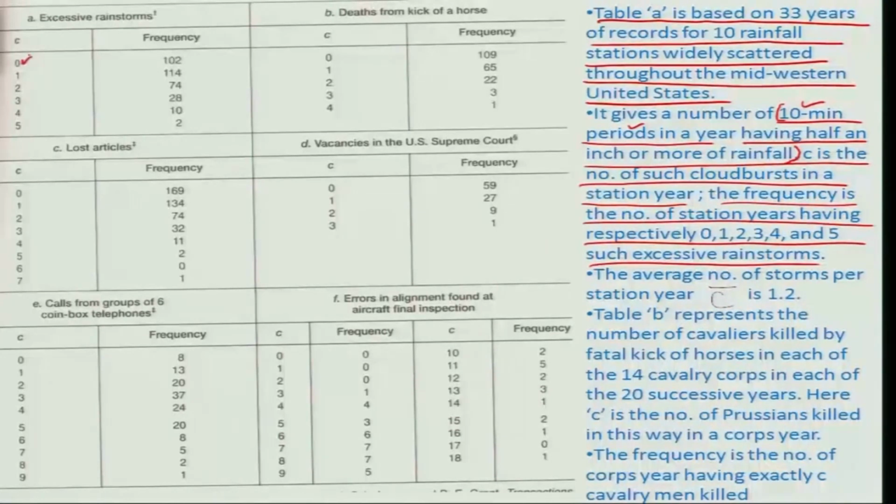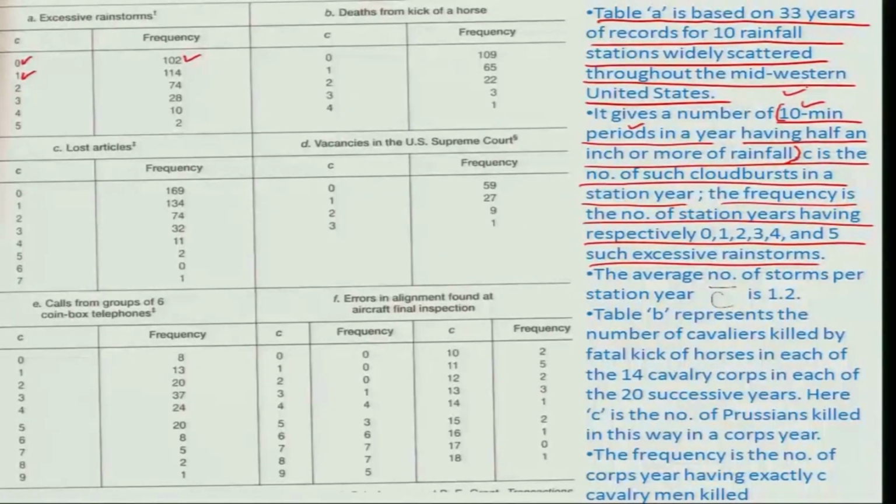So, you have 0 such periods, the frequency is about 102, you have 1 such period of 10 minutes or more having half an inch or more of rainfall. So, this is actually in terms of the number of stations which are present throughout the Midwestern United States, where this data has been taken, times the years.